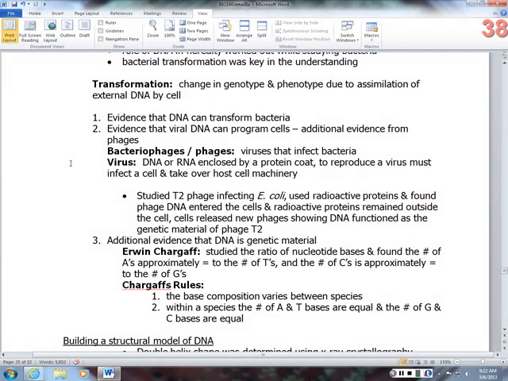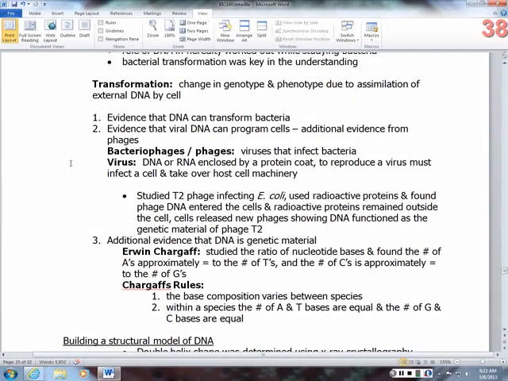Then they were able to look and see that the proteins the virus was wrapped up in were left outside the cells, and it was just the DNA or RNA in either case that went in, so it was the DNA or RNA holding the instructions instead of the proteins. They studied the T2 phage that infected E. coli.